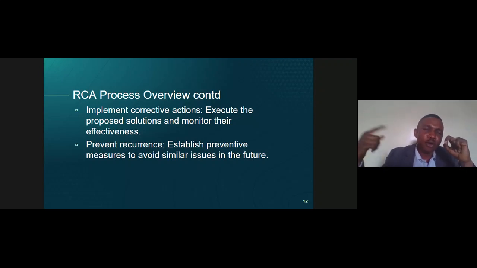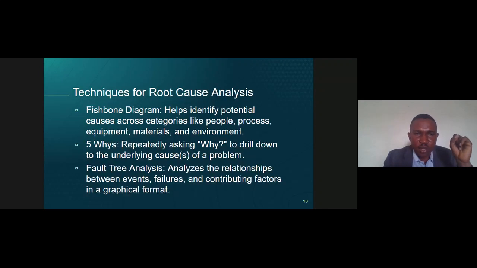The control measure has to do with preventing that problem from reoccurring. So that is why you have to put the strategy in place so that in the future such problems will be avoided. So these are the various techniques that you can use to do root cause analysis.